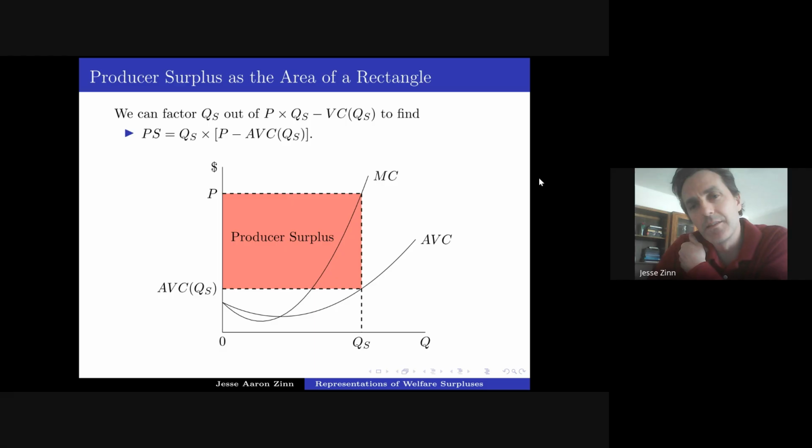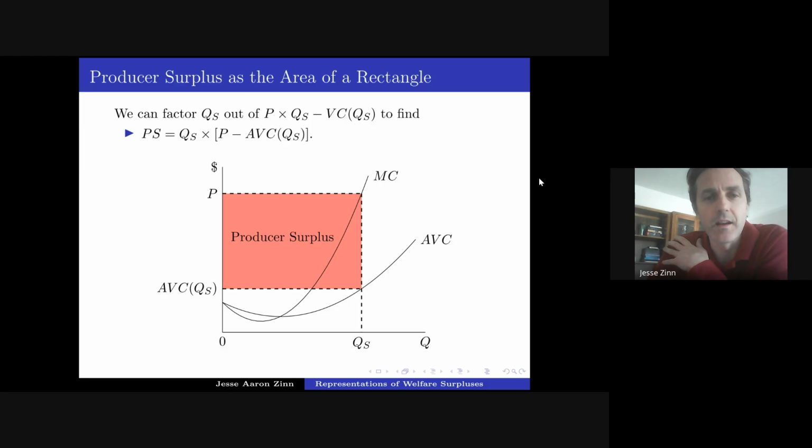I've done that enough times for my students that once I realized producer surplus is revenue minus variable costs, I realized we can do the same thing that we do with profit for producer surplus. We could factor out the quantity supplied and find that producer surplus is quantity supplied times price minus average variable cost.